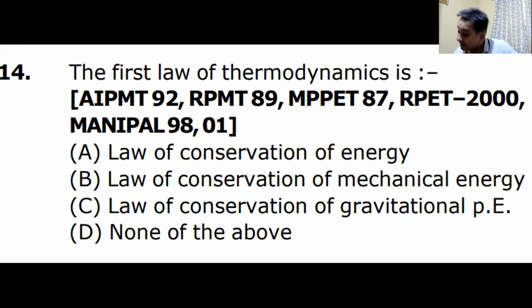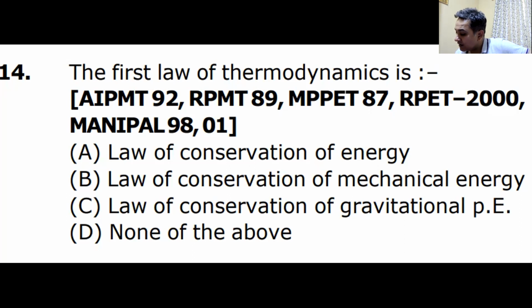Law of conservation of energy, law of conservation of mechanical energy, law of conservation of gravitational potential energy. And the answer is which one? Don't get confused. Answer is one. Law of conservation of energy. Do we understand this?